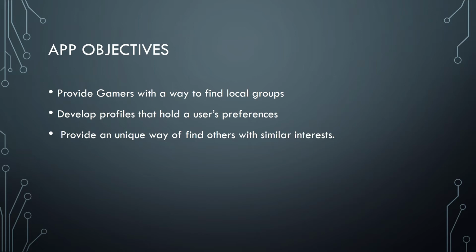While for the sake of this class's scope, we weren't able to fully implement the application the way we wanted to, we do want to look into developing profiles that hold a user's preferences, what games they may play the most, what styles or genres of games they like the most, that kind of thing. And in the future, also any groups that they may be in.